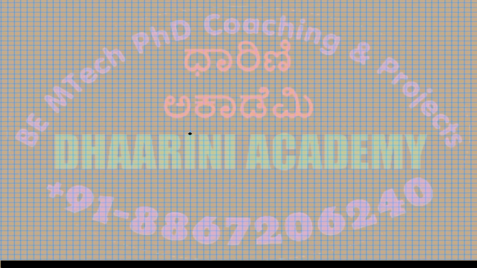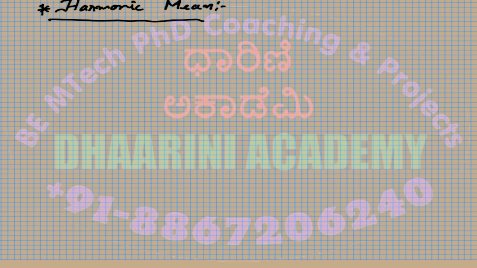Let's move further. The next topic is the harmonic mean. Now, if three terms are in harmonic progression, then the middle term is considered to be the harmonic mean, or in general HM, between the other two.